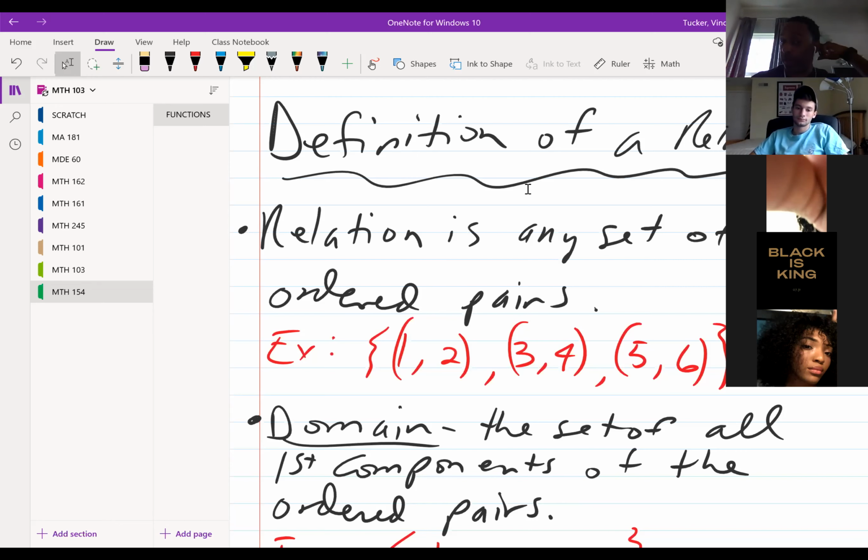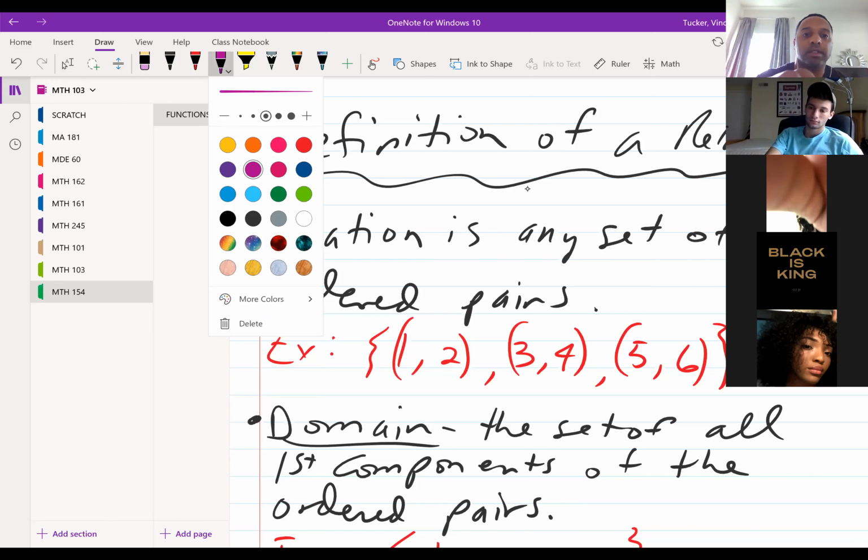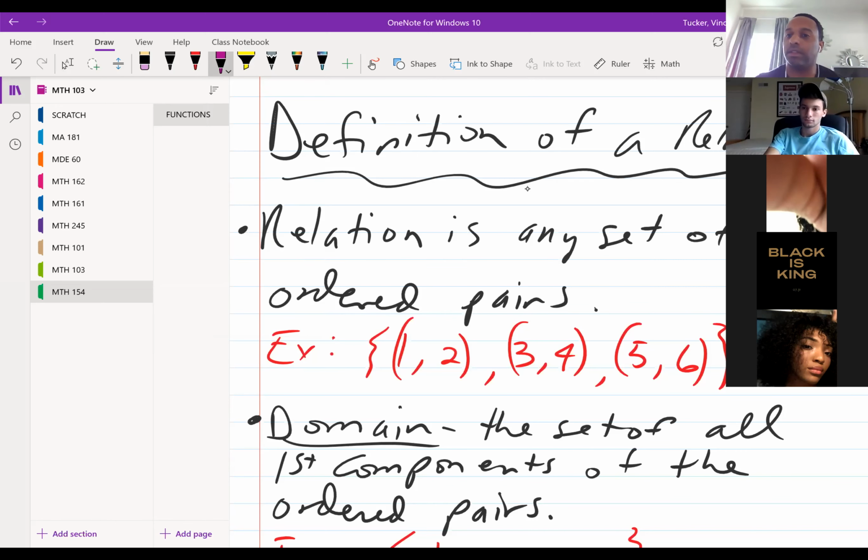They call it an ordered pair because the order matters, and it is normally associated with X and Y. The first component is your X component, the second is your Y component.